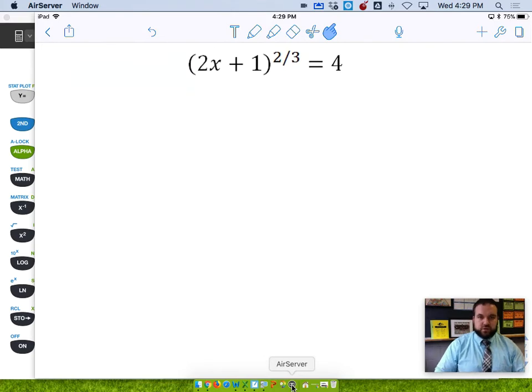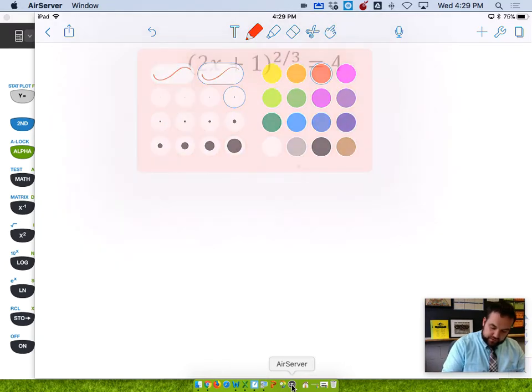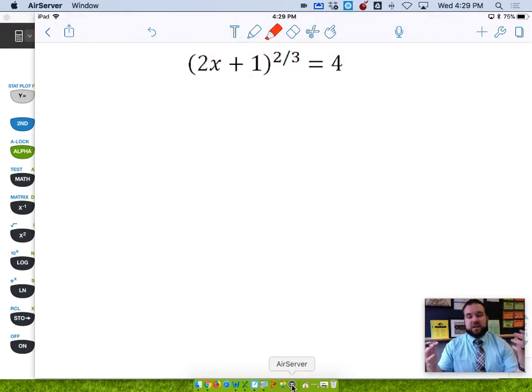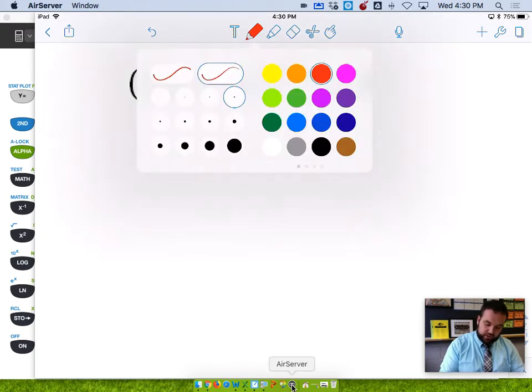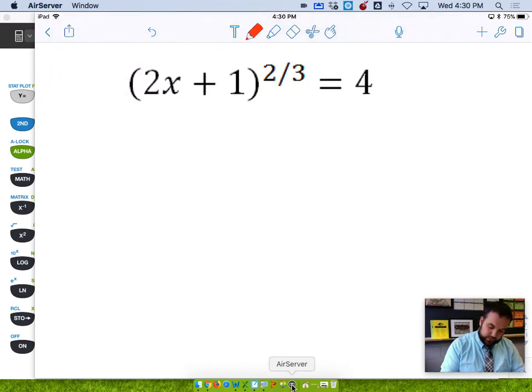If I have the equation (2x + 1) to the 2/3 equals 4, the first thing you should identify is: is there anything outside the parentheses on the same side of the equal sign? If I look at the left side of the equation, I have a 2 and a 1, but it's all in the parentheses. So I'm going to start by getting rid of the 2/3 power.